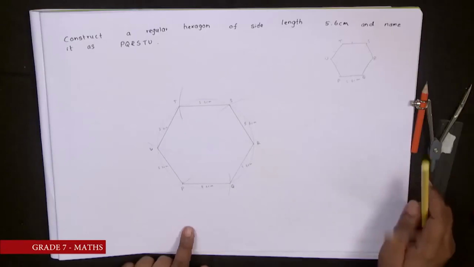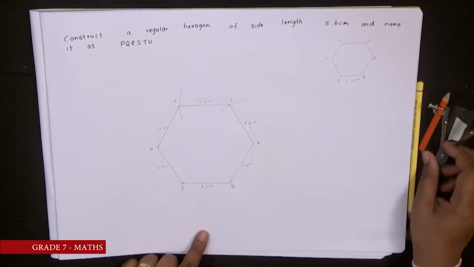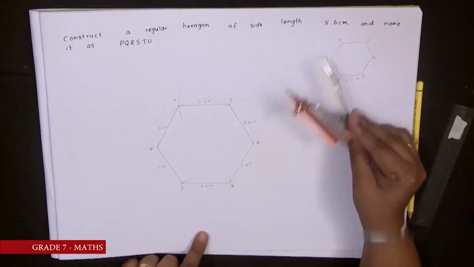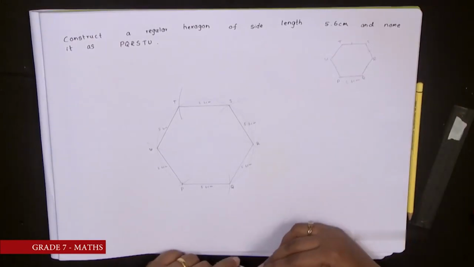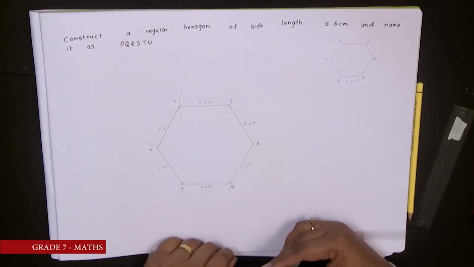Now, once again I will tell you the steps we have followed. First of all, I got 5.6 centimeters to my pair of compasses, drew a circle as the radius of the circle becomes 5.6 centimeters.